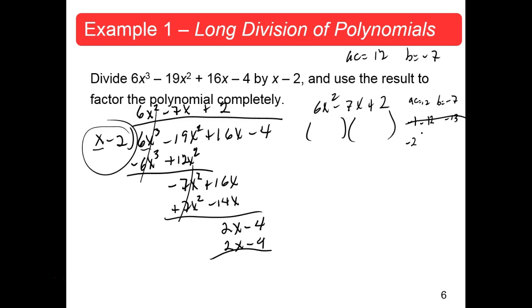Minus 2 times minus 6. That multiplies to be 12. It adds to be negative 8. Ooh, so close, but no cigars. So that doesn't work. Negative 3, negative 4. That multiplies to be 12. It adds to be negative 7. Ding, ding, ding, we have a winner.